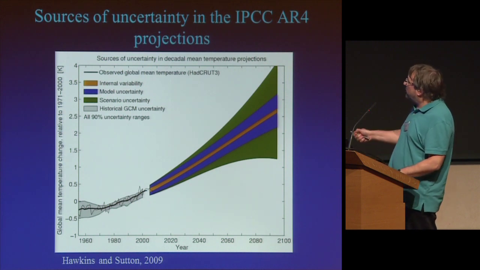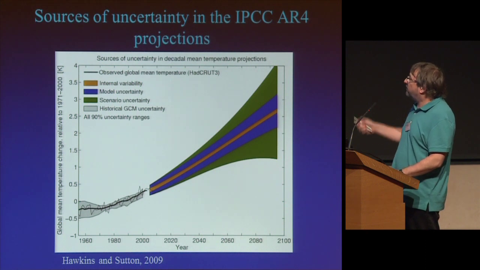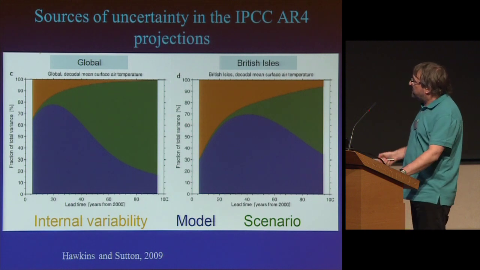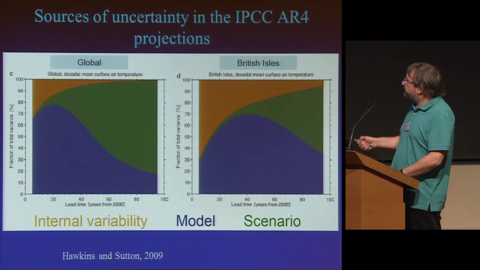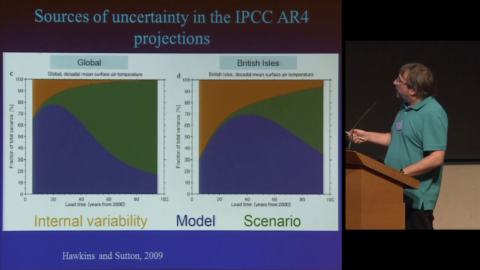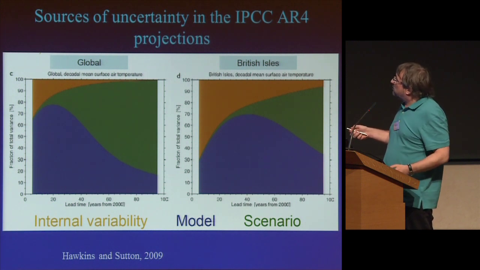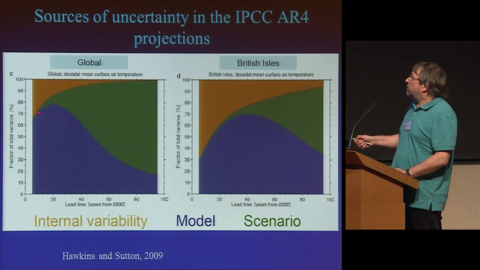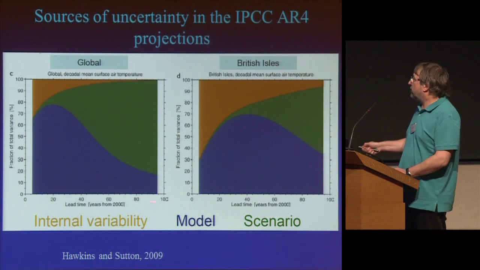And if you look at one given time and you look at the fraction of uncertainty from these different origins, you have this kind of thing. If you look at global variables, like for example temperature, you have a lot of uncertainty which is due to model and due to scenario at the end of the century, after 80 years.